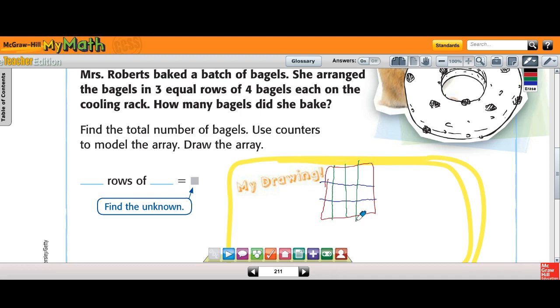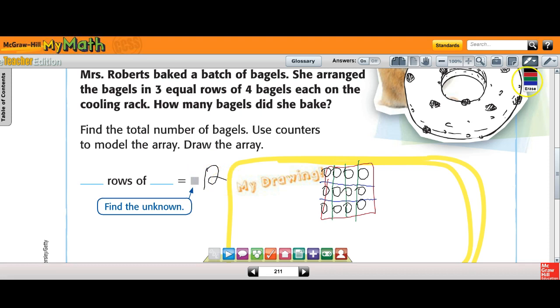Find the total number of bagels. Use counters to model the array. 1, 2, 3, 4, 5, 6, 7, 8, 9, 10, 11, 12. How many did she make? 12.